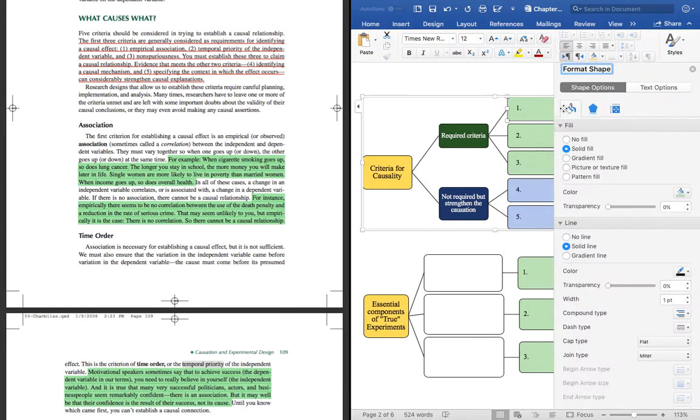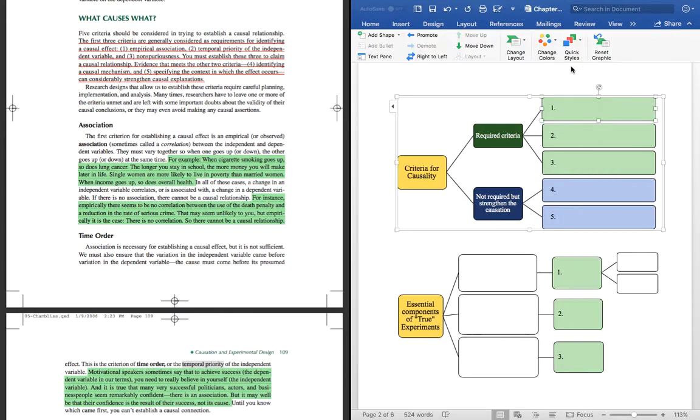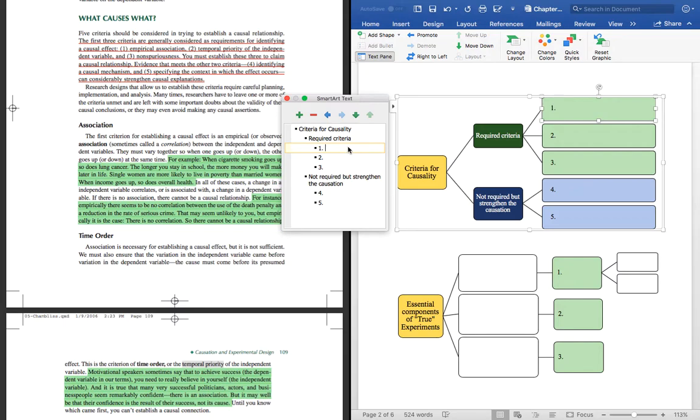Okay, so let's fill out this graph. The first criteria is empirical association. The second criteria is time order, or temporal ordering.